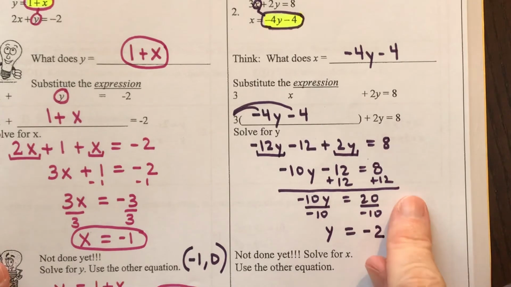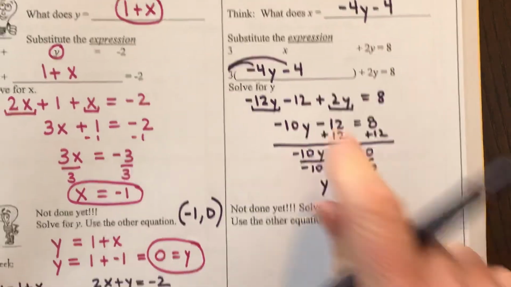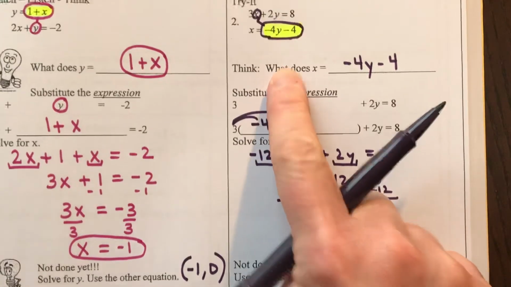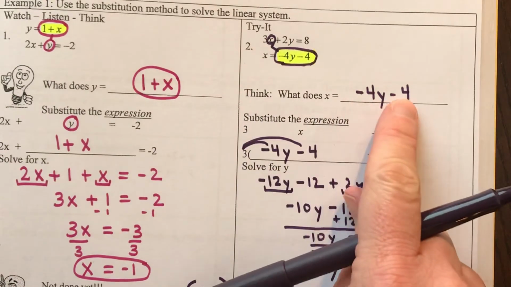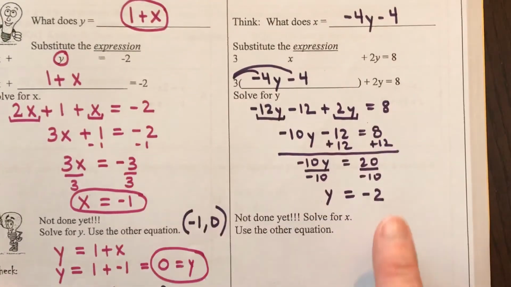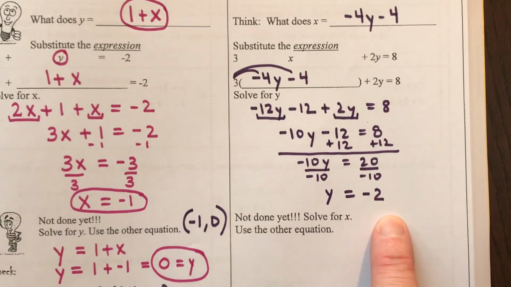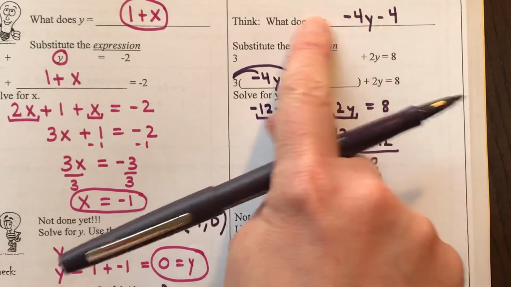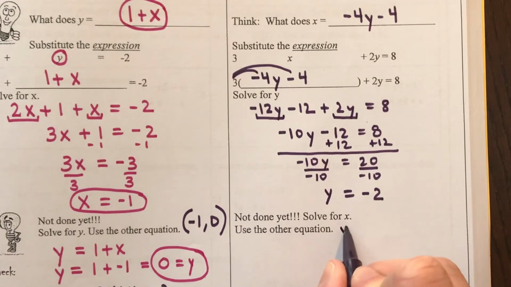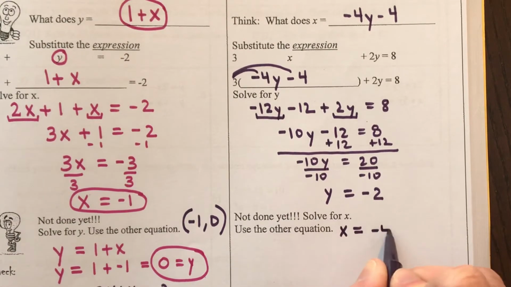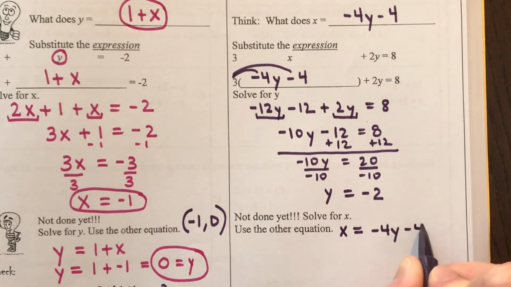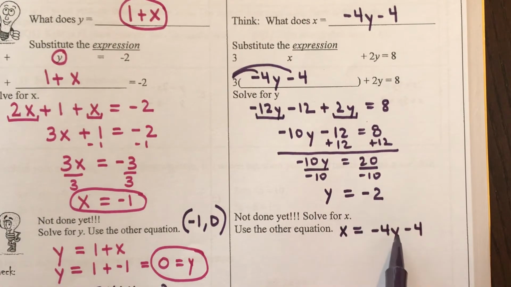Now I'm not done yet because I got to solve for my x. Now right here, look, x was equal to negative 4y minus 4. So I can solve for x by plugging the value of y back in to my second function here. All right, if x was equal to negative 4y minus 4, and I now know the value of y, I can substitute that back in to the other equation like I did to find x.